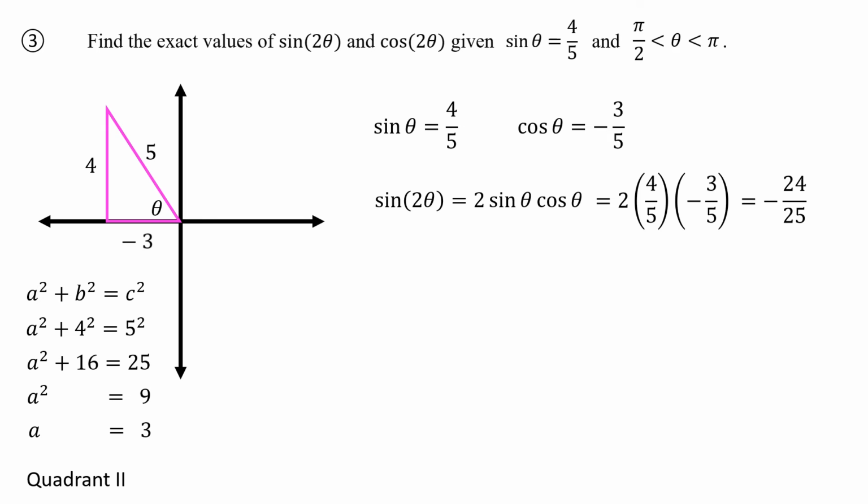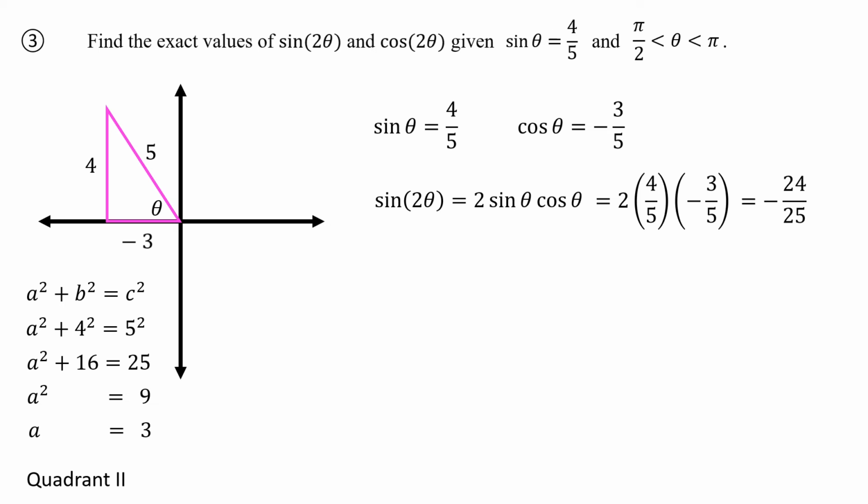If theta is somewhere between pi over 2 and pi, also known as 90 degrees and 180 degrees, if we double that, it's got to be somewhere between 180 and 360 degrees. That's quadrants 3 and 4. So 2 theta has to lie somewhere in quadrant 3 or 4. Therefore, sine of 2 theta must be negative.